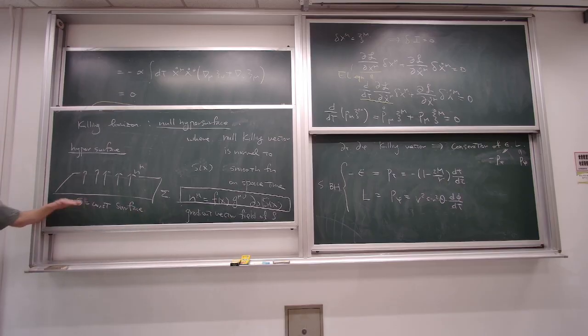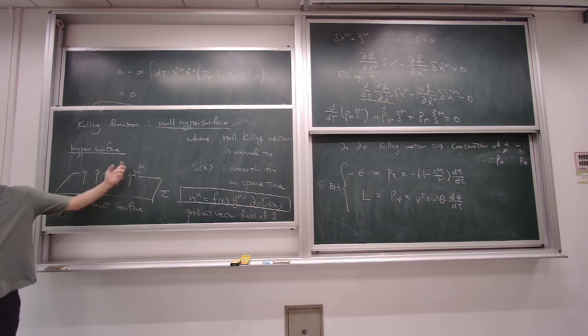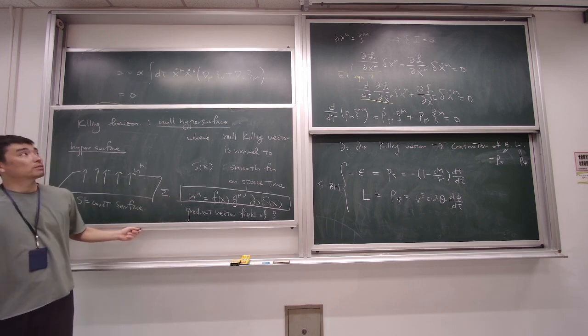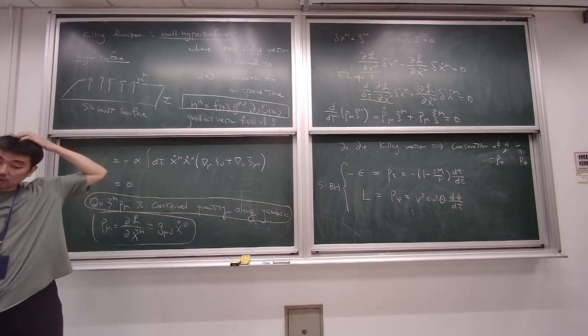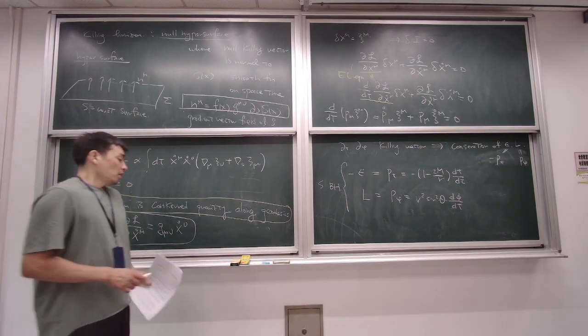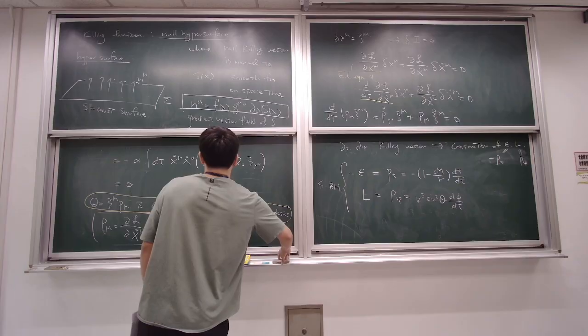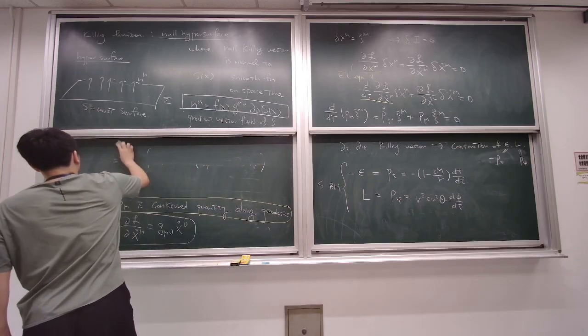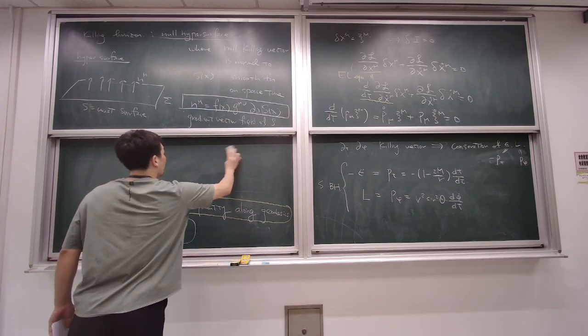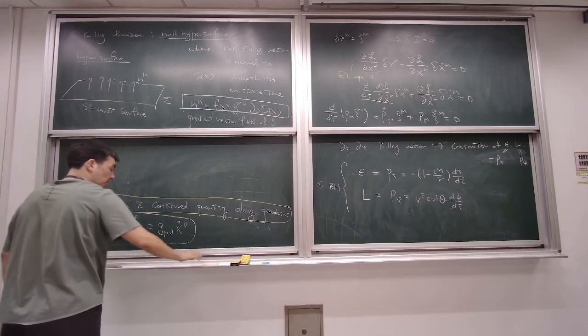So the S is a constant surface normal to this n mu. N mu is this gradient flow. So this is called hypersurface. It's the simplest example one can consider.